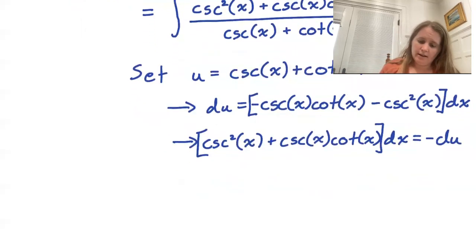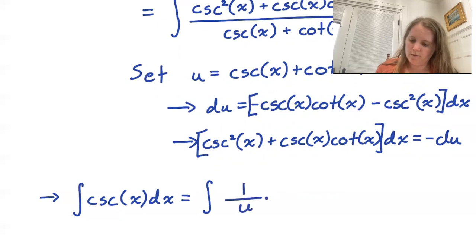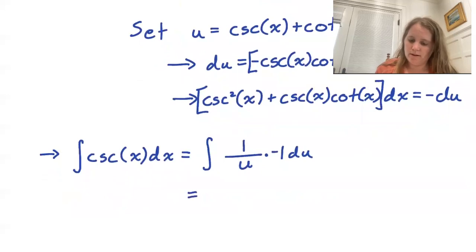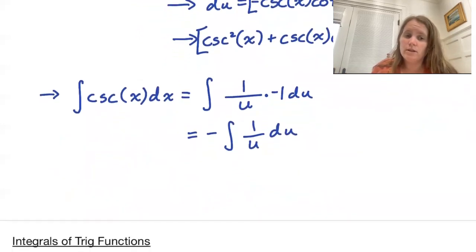So what we wind up getting is that our integral of cosecant of x dx is equal to the integral of 1 over u times negative 1 du, or negative the integral of 1 over u du. From here, the integral of 1 over u du is a natural log of absolute value u.